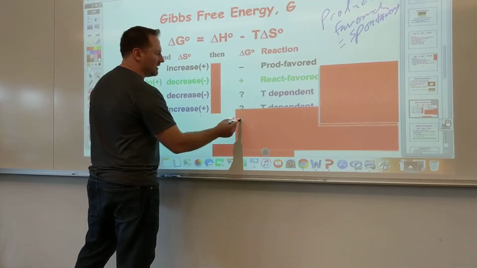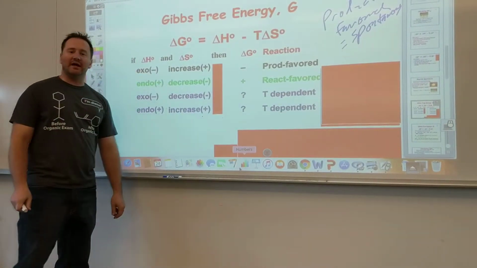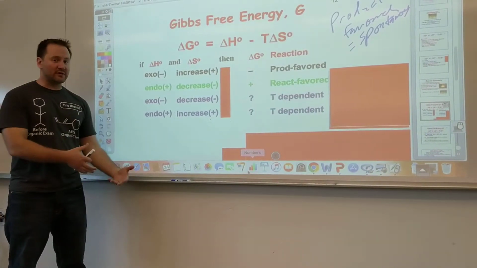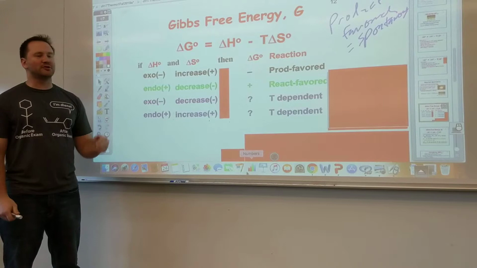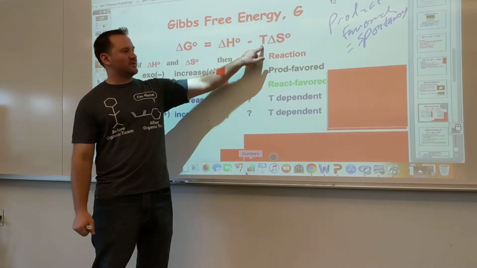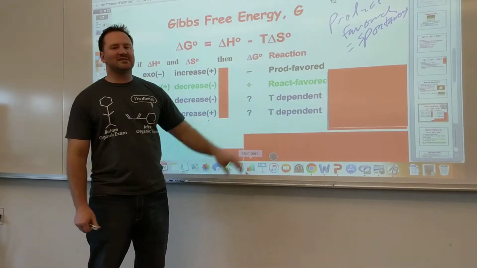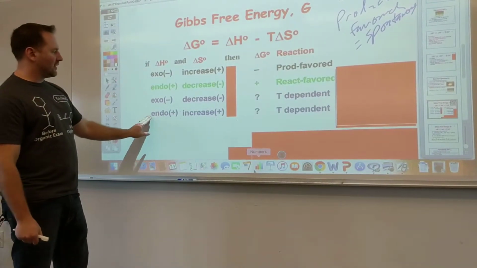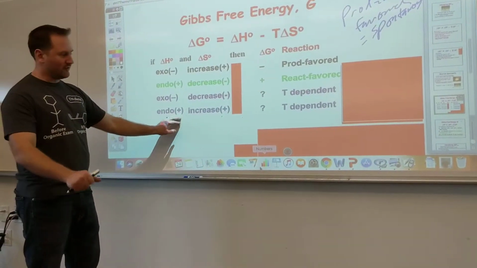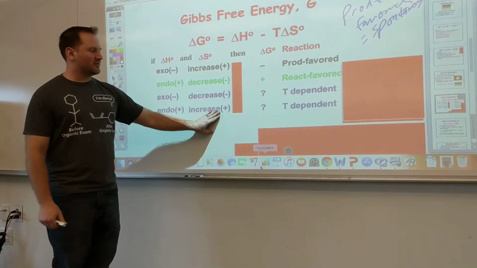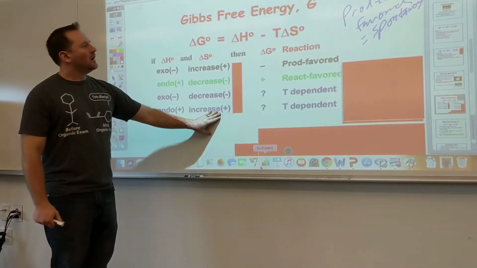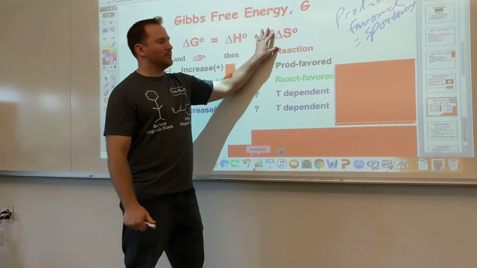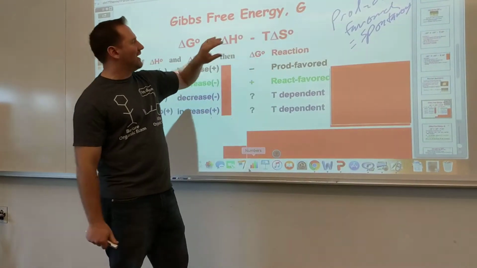So when you have an exothermic process that has a decrease in entropy, or you have an endothermic process with an increase in entropy, those are going to be temperature dependent. Because the larger this value is, the more it magnifies the impact of the entropy change. So for the last example, where it's endothermic, which is not favorable, but the entropy increase, which is favorable, the higher the temperature is, the bigger this term becomes, and essentially can overcome the fact that it's endothermic.